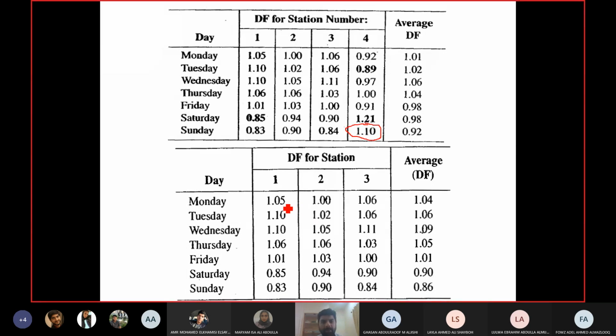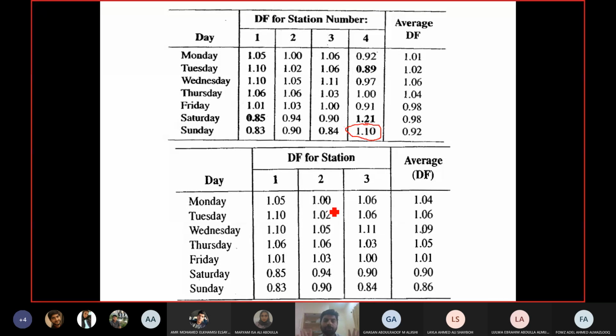Okay, so earlier, you see here, the Monday, we take the difference of the Monday value of the first station from the average. The difference was 0.04, but now the difference is 0.01. So after taking out station 4, values have come much closer to the average.